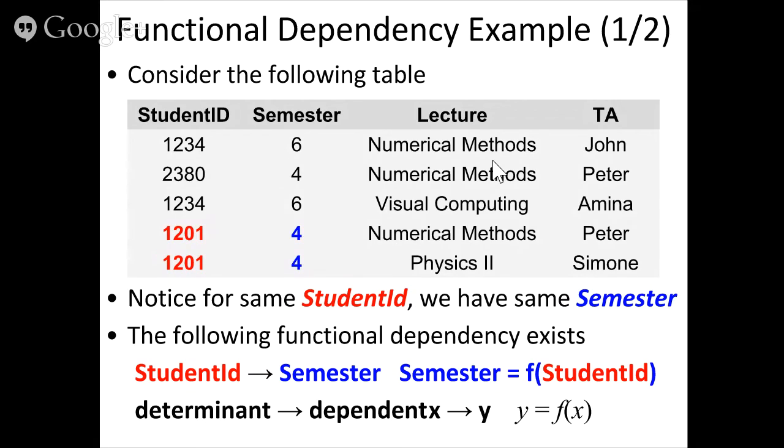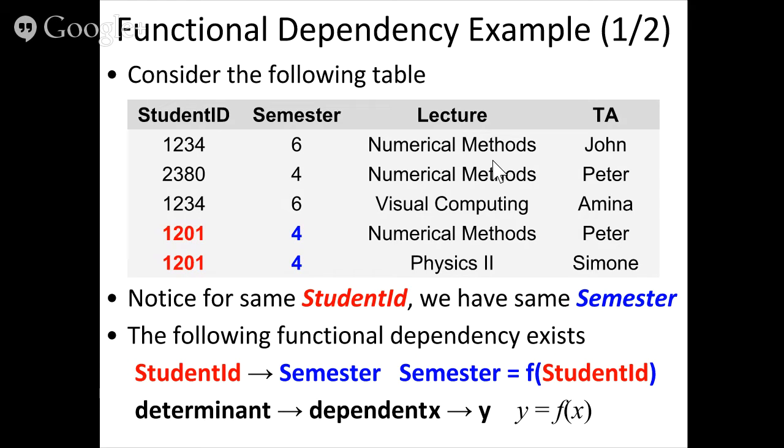So for instance, you might know that a particular student might be enrolled in a particular course, and by logic, you might deduce that this student is enrolled in this particular semester. They have to be in these particular courses, right? So it might be redundant for me to tell you both things, right?